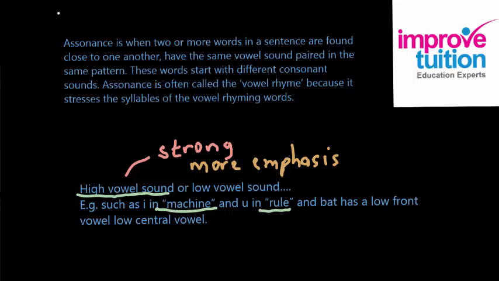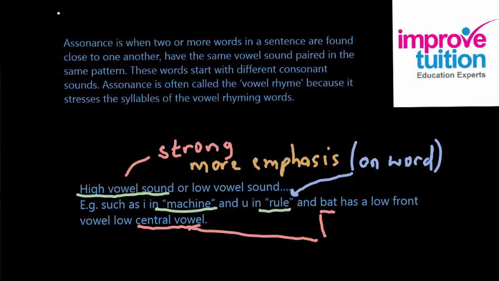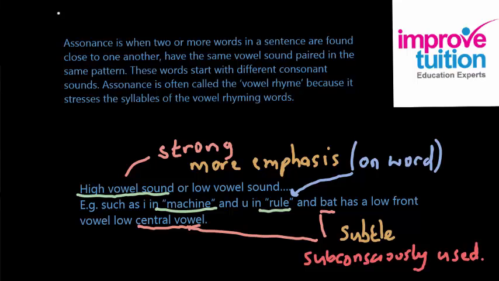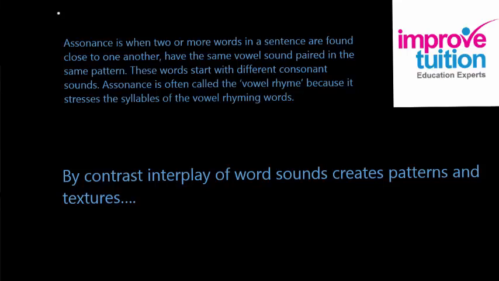Words such as machine and rule have an internal vowel, so assonance is at work. And words like bat have low central vowels, which is more subtle. It has a low vowel sound and works more on the subconscious mind, so it's between the conscious and the subconscious.